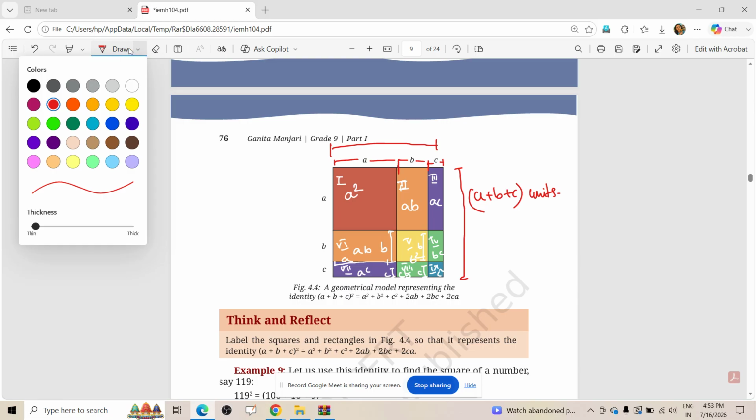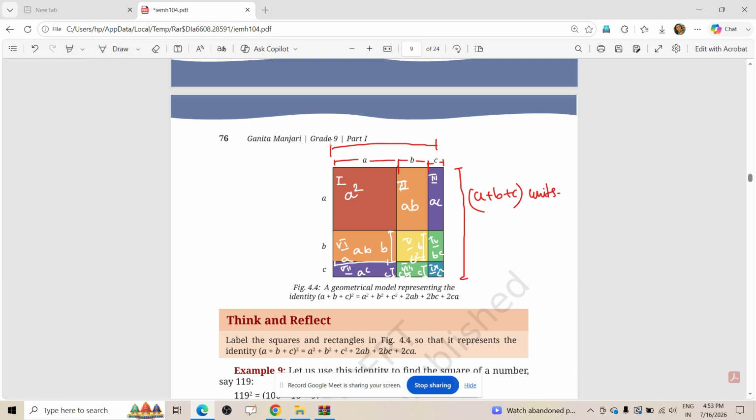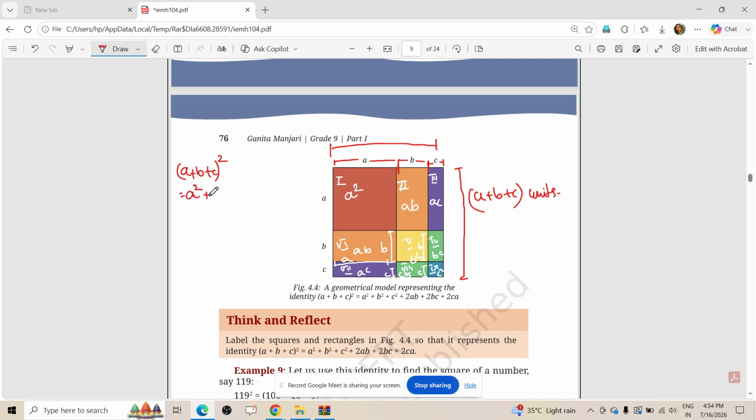So when we add all these areas, what we will get? Tell me all the areas line by line, area of part 1, part 2, part 3. Let me write A plus B plus C whole square, which is equal to A square plus second part. The area of second part is AB, and third part is AC.